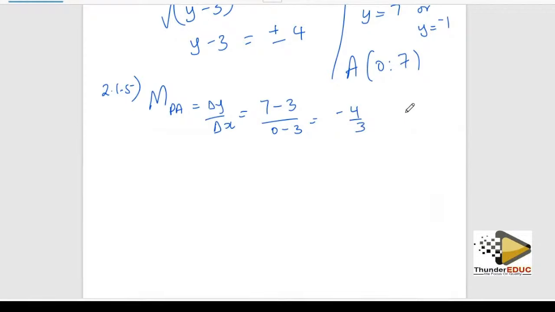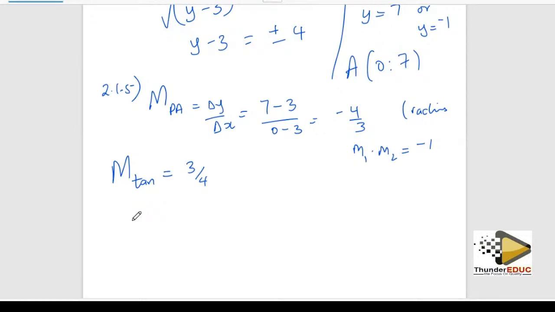This is the gradient of the radius. But the radius and the tangent will be perpendicular, which means the gradient of the tangent is going to be 3 over 4. Remember what we said about perpendicular lines, that m1 times m2 must give us negative 1. So I'm just dividing negative 1 by this, which gives me 3 over 4.